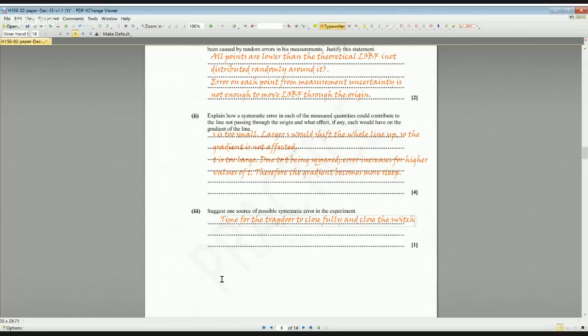So that would be a source of systematic error, as in when the ball hits the trapdoor it takes time for that trapdoor to close and therefore close the switch. So that time has not been accounted for. Perhaps that is the source of our error. That's certainly an acceptable suggestion.